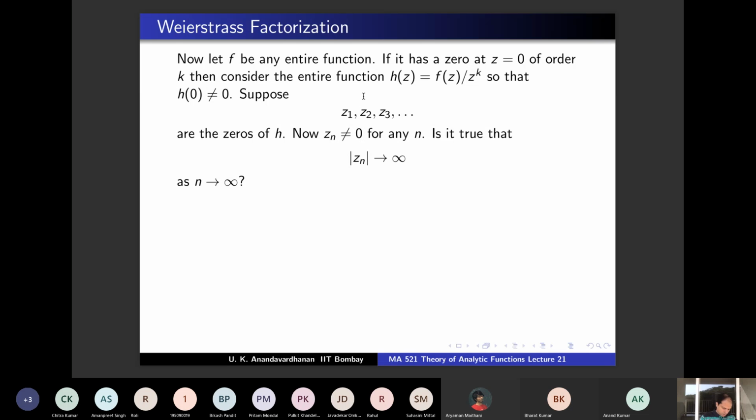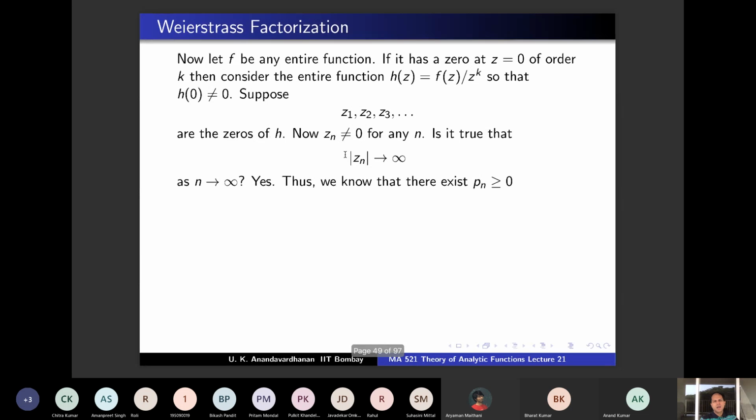Because otherwise it would have to be bounded, and therefore there will be a limit point. Yeah. So you are assuming there are infinitely many zeros, and then it has to go to infinity. I should have written that; I haven't written that. We will see what happens if there are not infinitely many zeros at the very end.